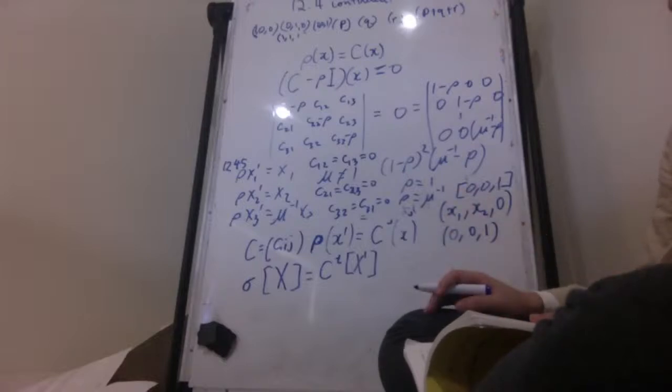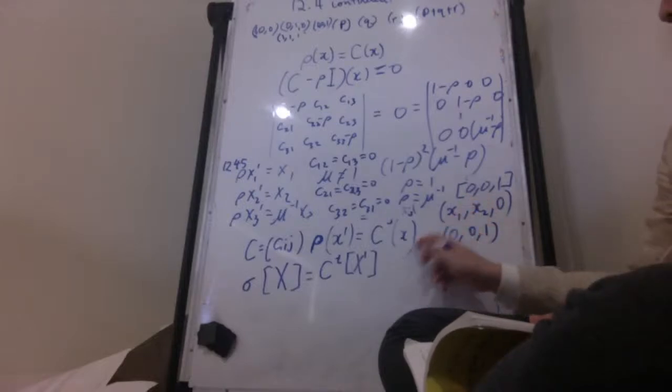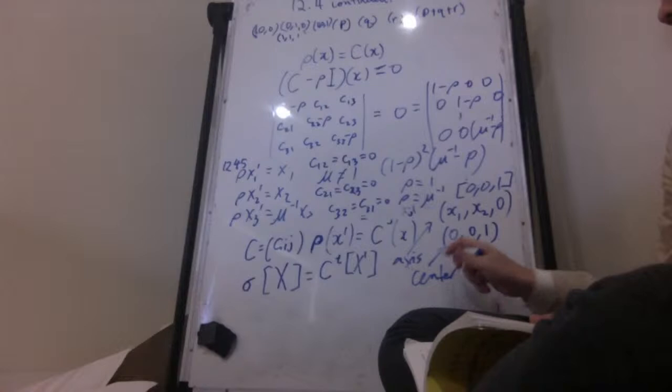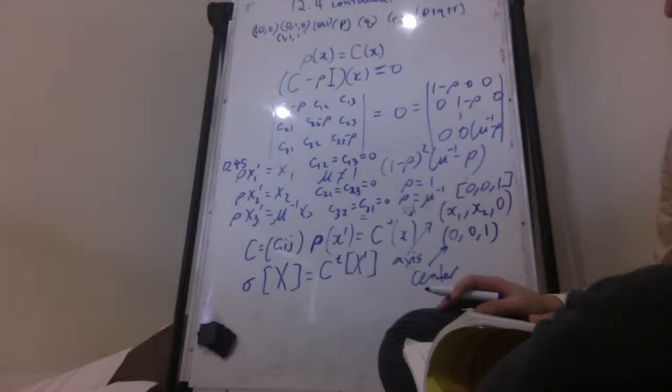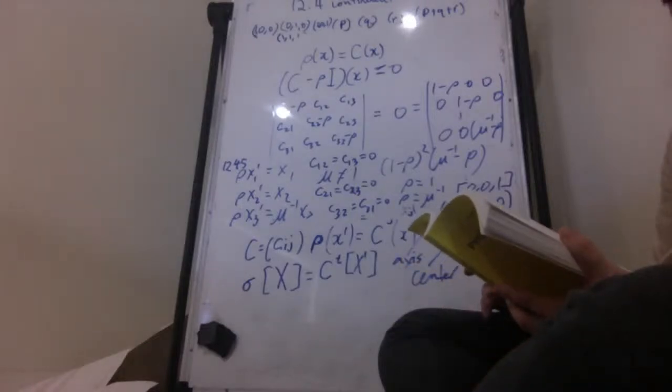So basically, this is the candidate for a homology, where this is the axis and this is the center. So what does it say? By 6.24 and 6.27, this is a homology with center 0, 0, 1 and axis 0, 0, 1.